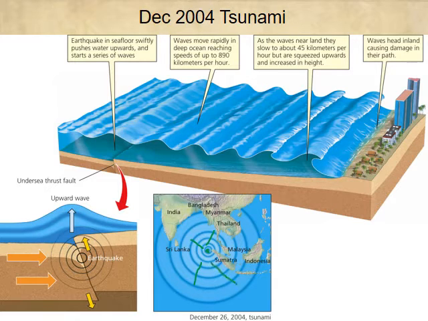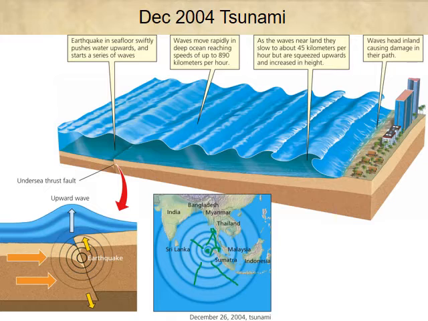And the areas that were closest were hit the worst. The western coast of Thailand and Malaysia and the northern end of Sumatra were the ones where you had the most casualties.